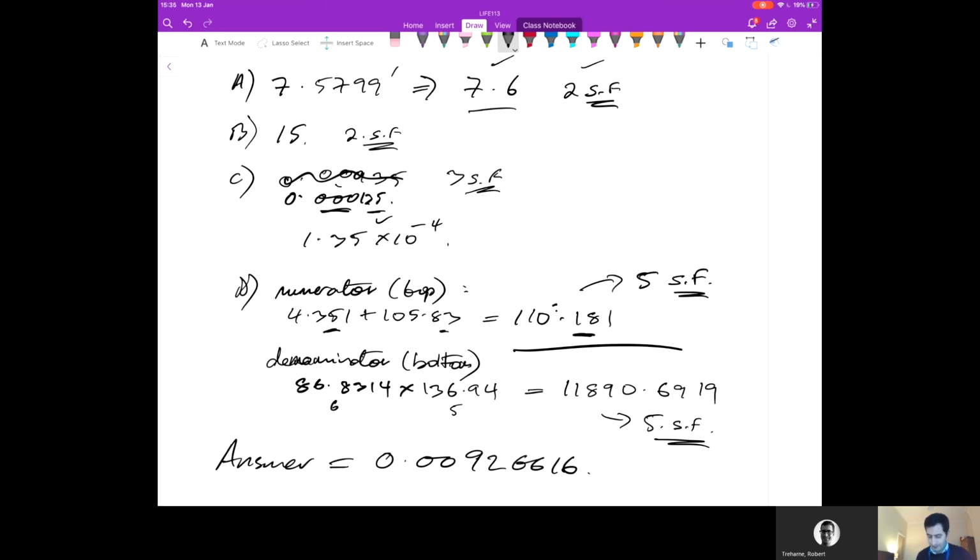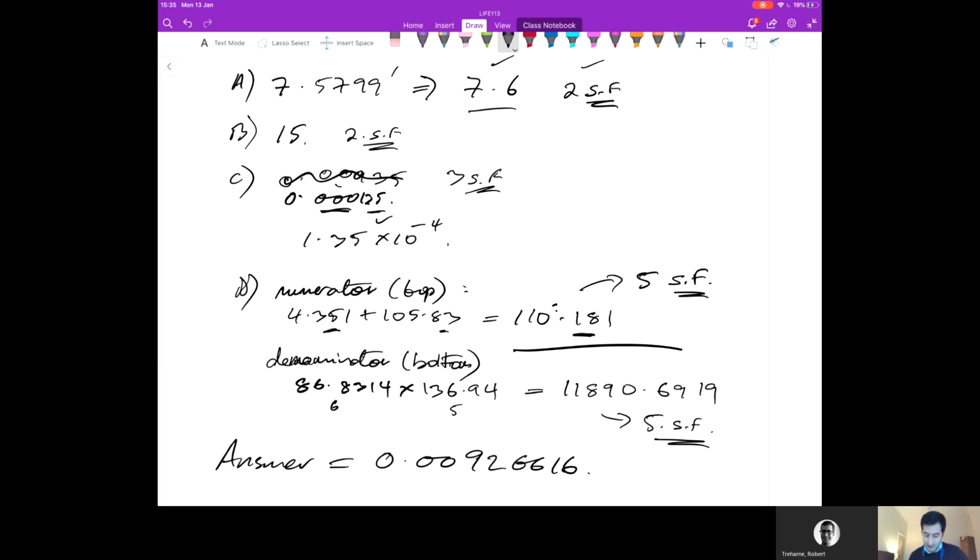Okay, I'm just going to check that you've done that right on there. Okay, so I've done it wrong because I've given it to 6 significant figures.